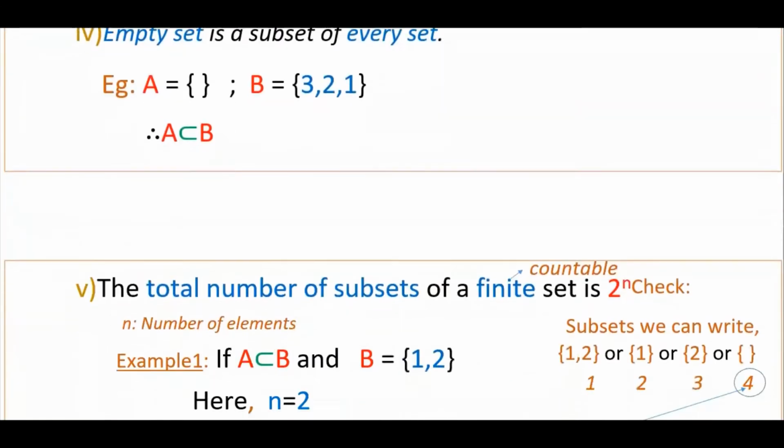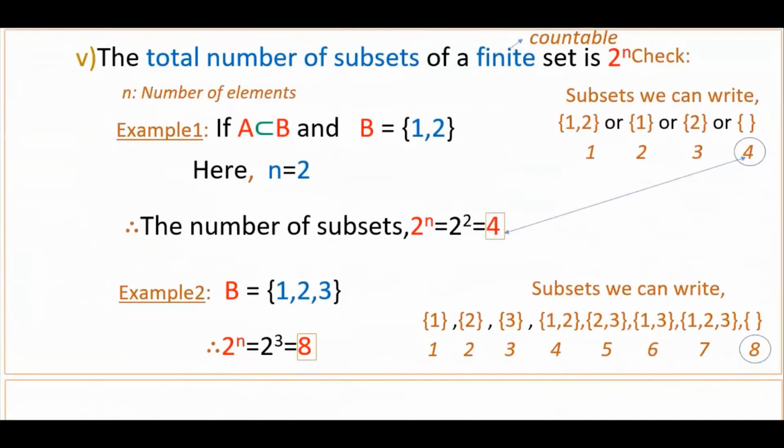And the next one is an important point. The total number of subsets of a finite set is 2 to the power of n, where n is the number of elements. We know that a finite set means it has countable elements.